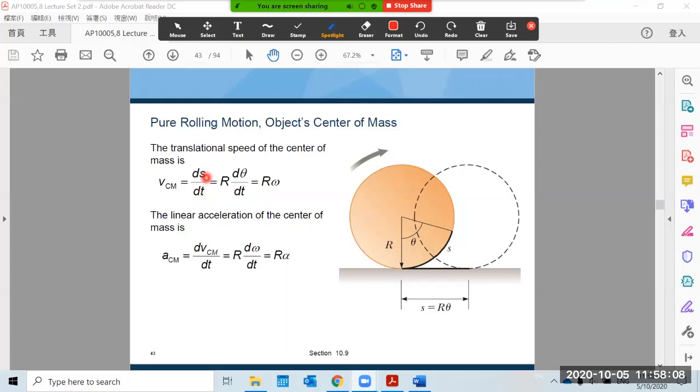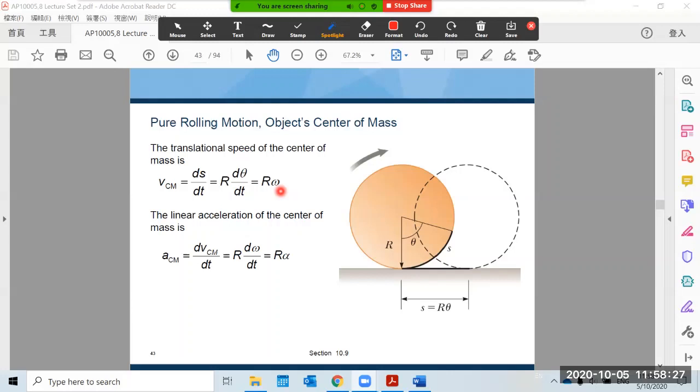And s is related to r times theta. So we could take out the r because r is the radius, and that is constant. So it becomes d theta over dt, which is equal to omega.